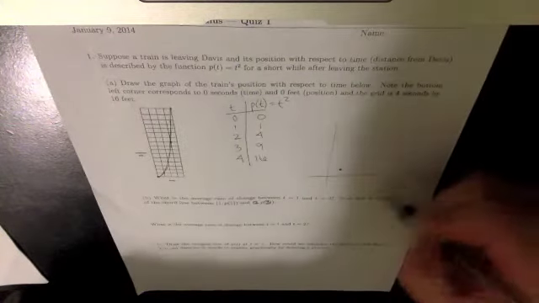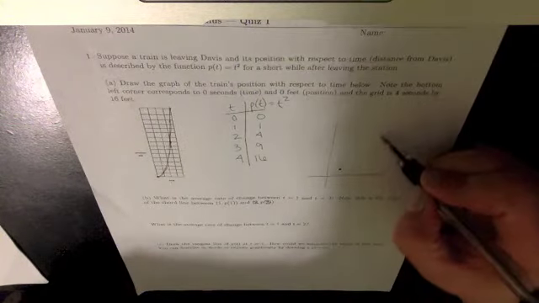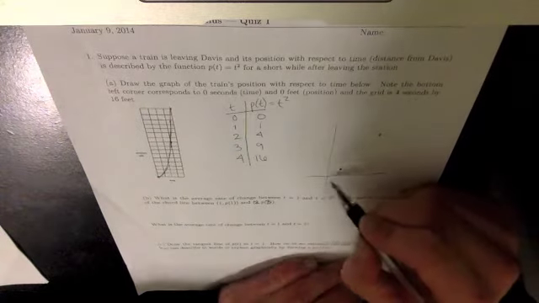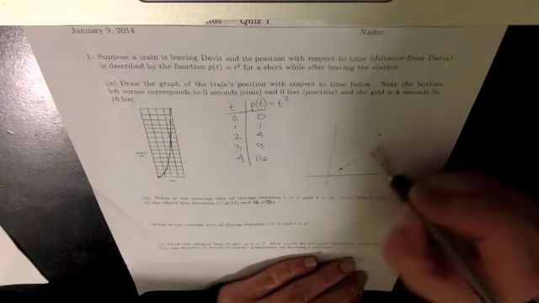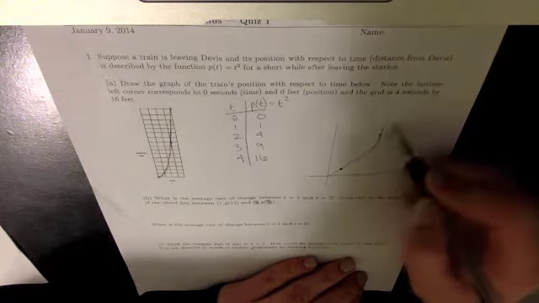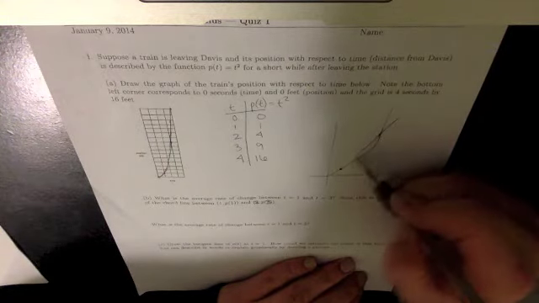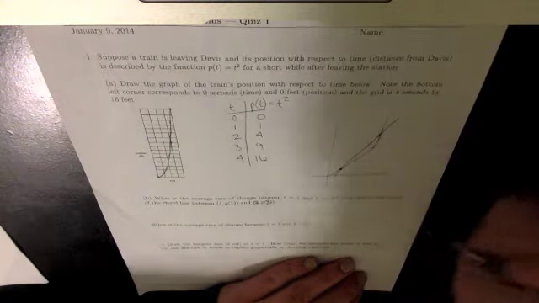Then my other point is 3, 9. So let's put that here. If the function looks something like this, a curve, then the chord line between those points is the line that connects them, like that.